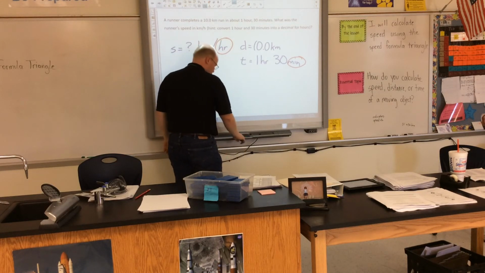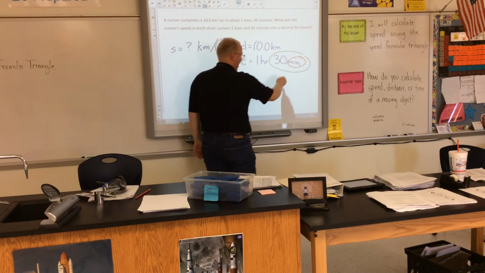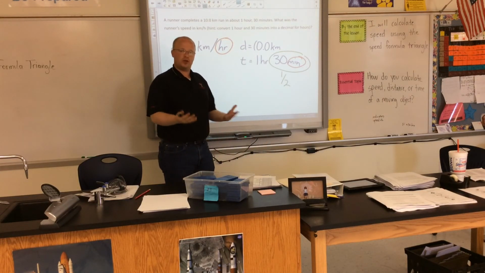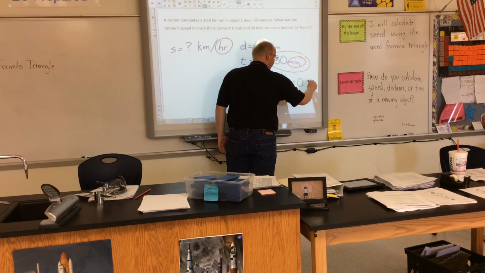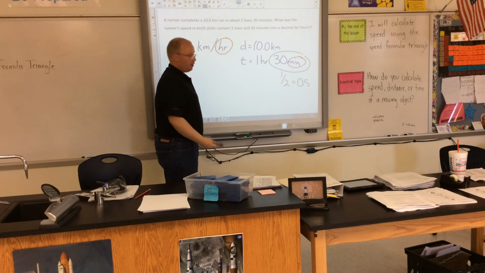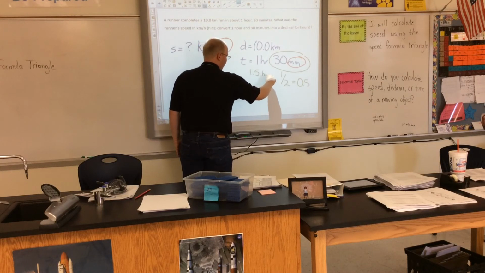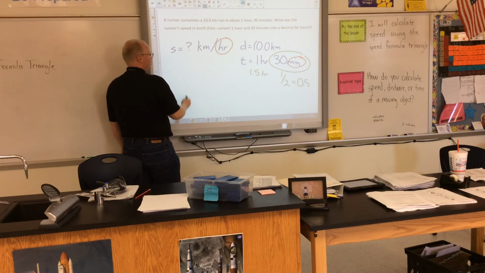And this is really easy to do. 30 minutes is how much of an hour? It's about half of an hour, right? But we don't like fractions, so we turn the fraction into a decimal. Half is 0.5. And so 1 hour and 30 minutes would actually be 1.5 hours. Okay, now I know enough that I can figure out the speed.